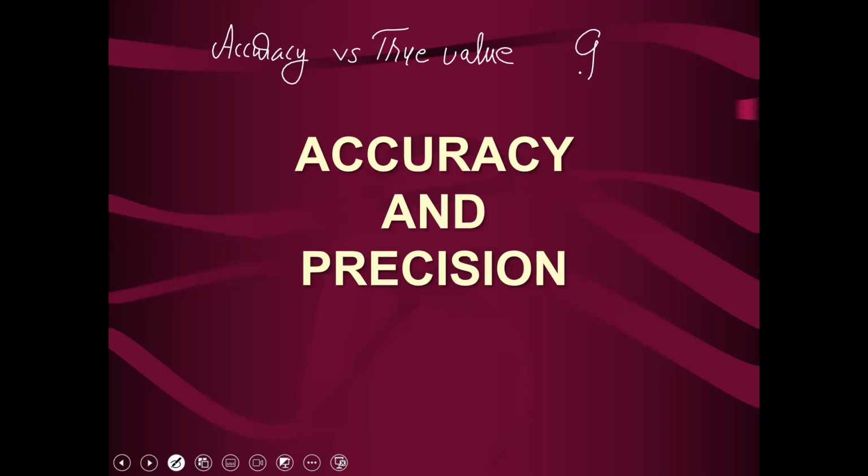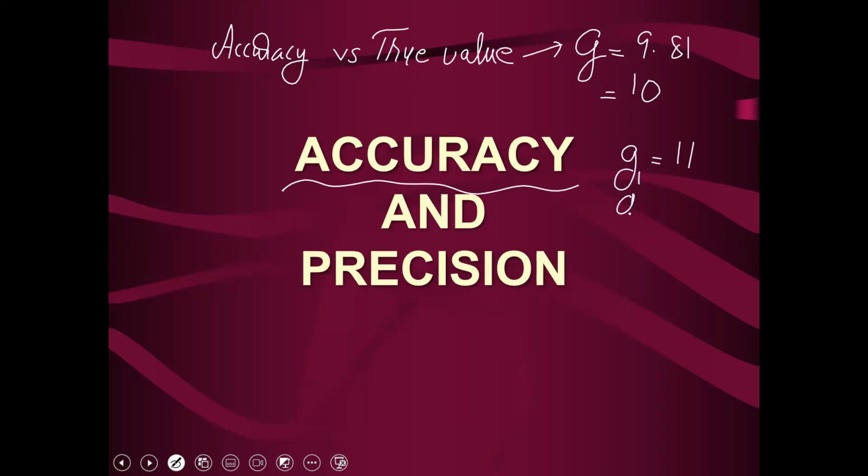Normally, we take an example. Let's suppose we know that the value of g is 9.81. Let's say we take it as 10. The true value of g, let's suppose, is 10. So when you talk about accuracy, suppose you take one trial, you got 11. The second trial, you got 10. And the third trial, you got 12. It is visible the readings are quite fluctuating.